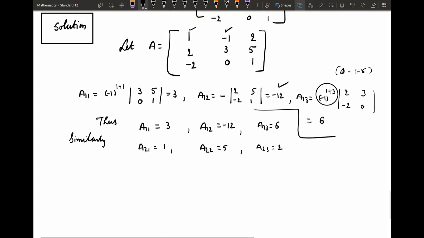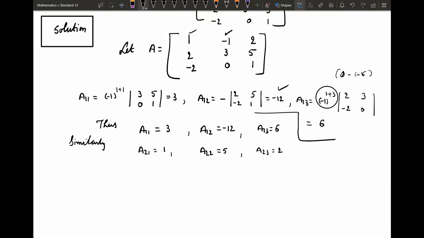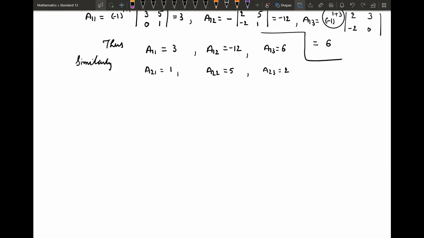You can verify A21, the cofactor of 2 1: minus minus plus, so minus 1 you give the sign, so A21 is plus 1, A22 is 5, A23 is 2.